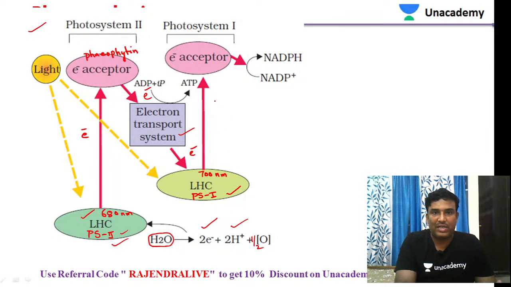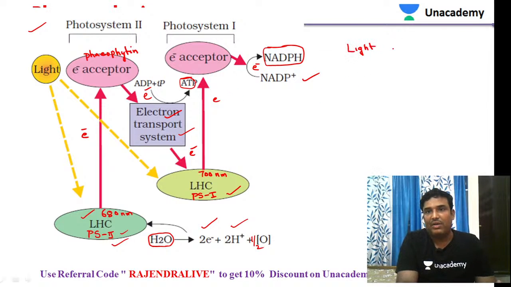From there, electrons are transported to another electron acceptor, and finally the electron is received by NADP to produce NADPH. During the transport of electrons in the electron transport system, ATP is generated. This reaction is called the light reaction, also called non-cyclic photophosphorylation.